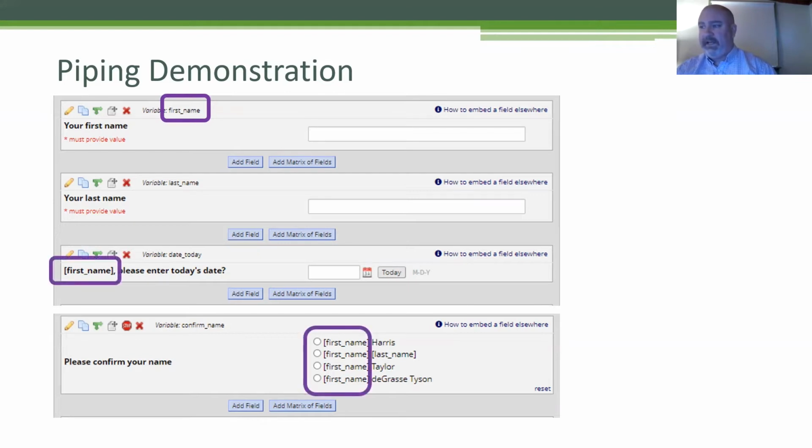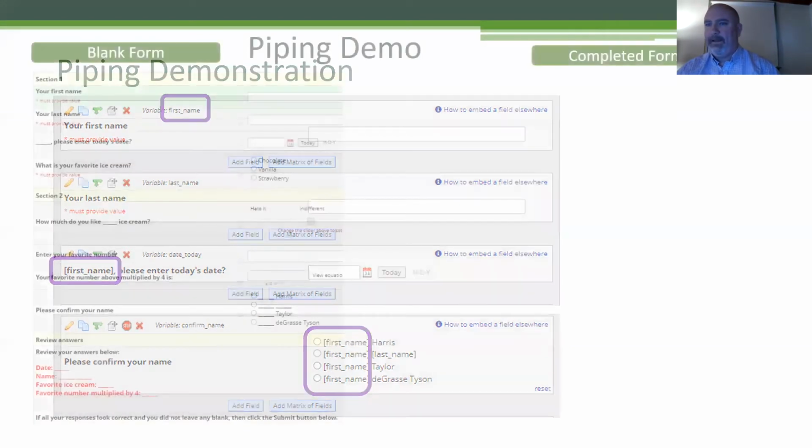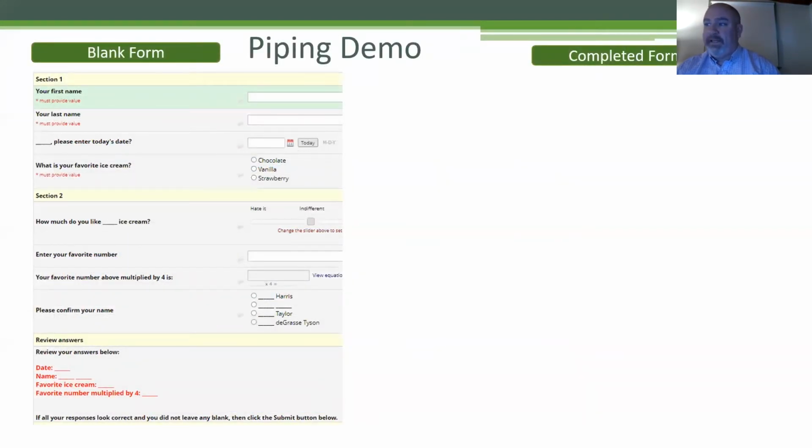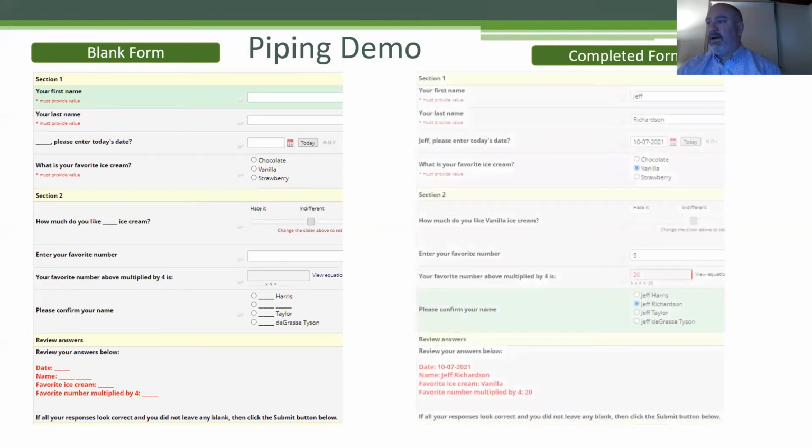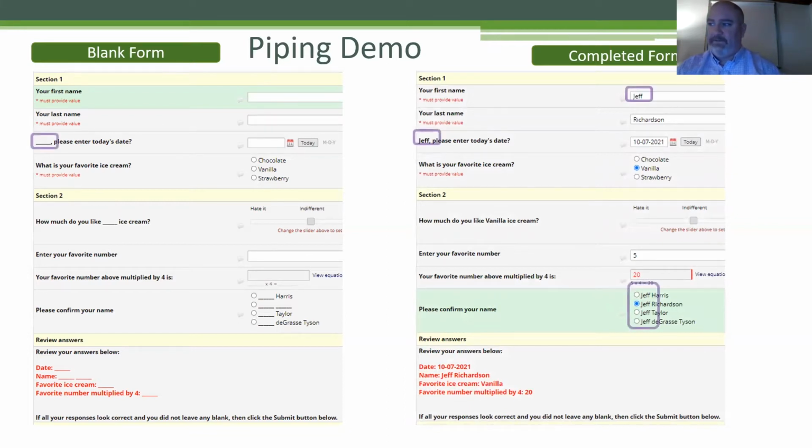So you can see the first name variable in the square brackets is set to be displayed elsewhere on the survey. Here we have a blank data entry form from the piping template project. And on the right, you can see the completed data entry form. Notice that the value for first name is being displayed elsewhere, and similarly for vanilla ice cream.